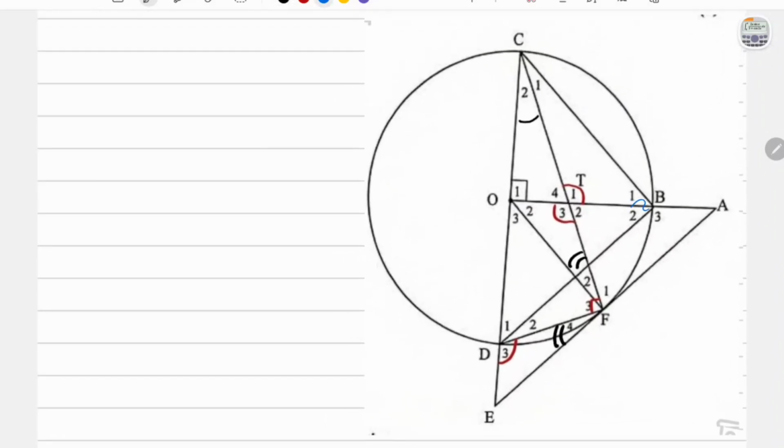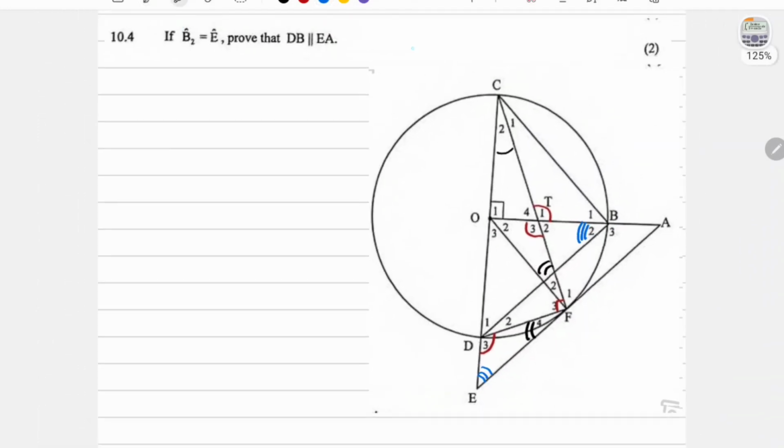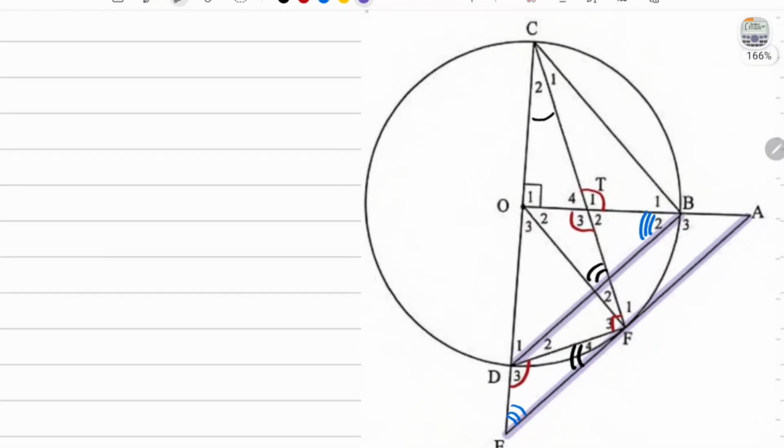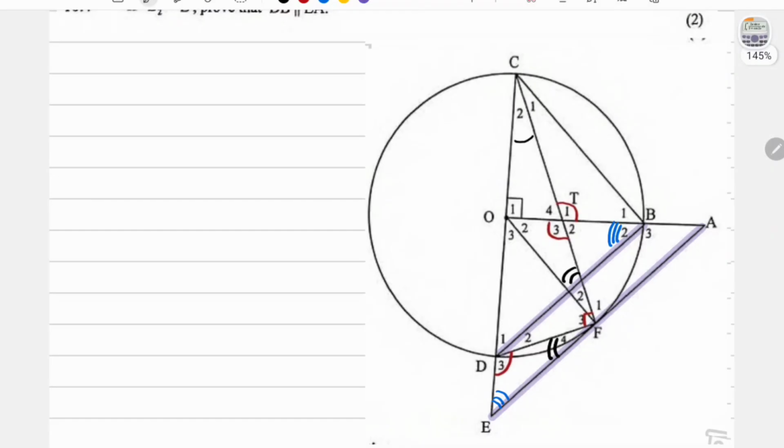So B2, let's put 3 lines on it, is equal to angle E. And the question is for us to prove that DB is parallel to EA. Interesting. You see, for you to prove the lines are parallel, you can use angles.